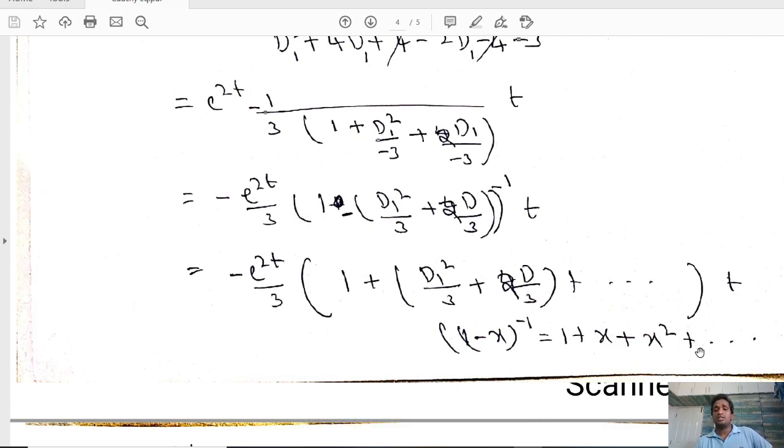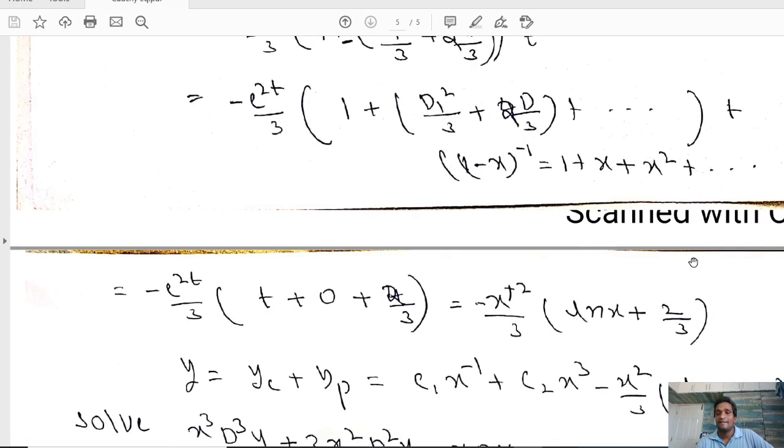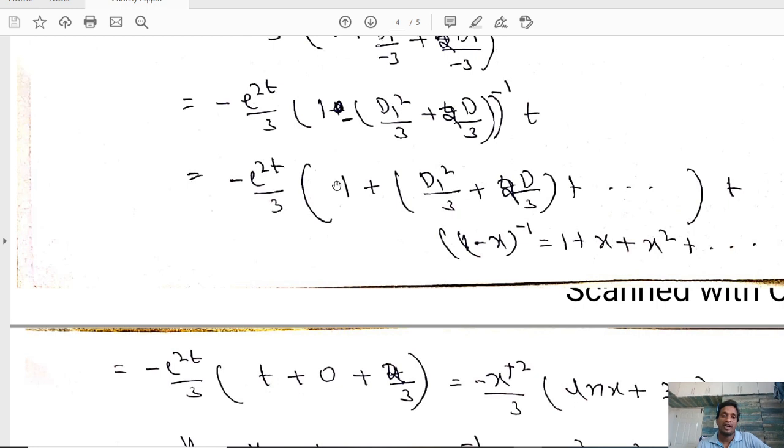No need to write all these terms. Why? Because here x square means derivative two times. If you differentiate two times, t becomes 0. So we'll write only the d terms. We don't write the d square terms. So if I expand this one, d1 square by 3 plus 2d1 by 3, whole square terms we will get, but we are not writing, anyhow it becomes 0.